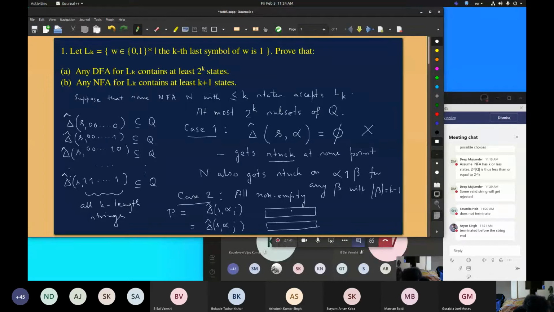And since alpha i and alpha j are two different strings, as I mentioned yesterday, they must differ at least at one position. So maybe this is 0, this is 1.